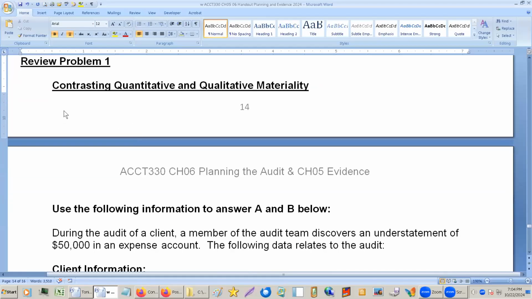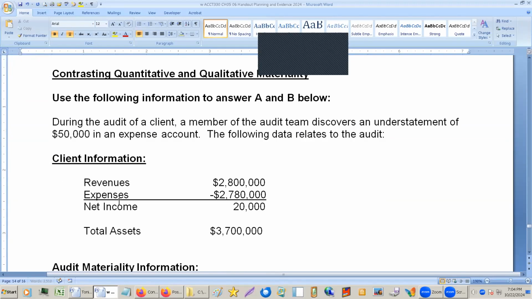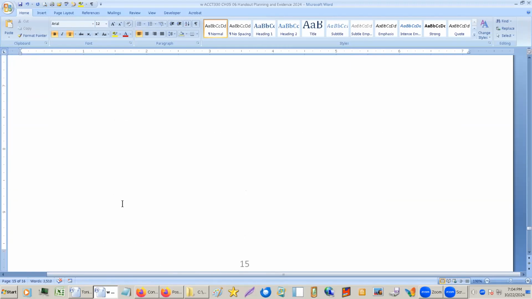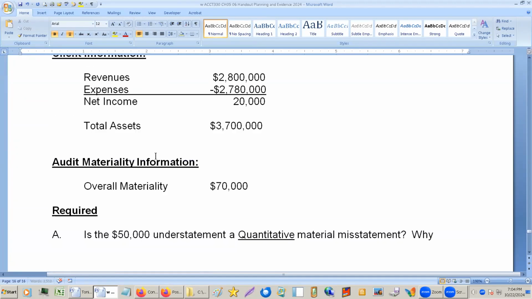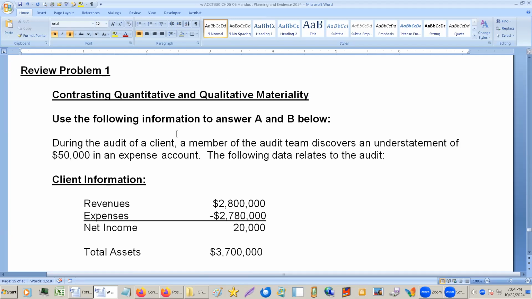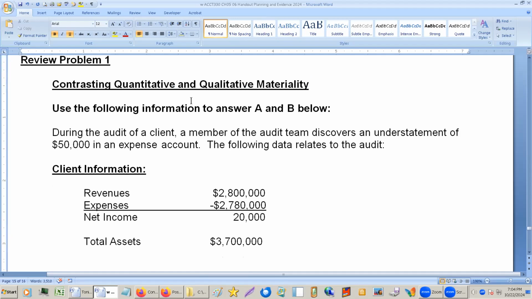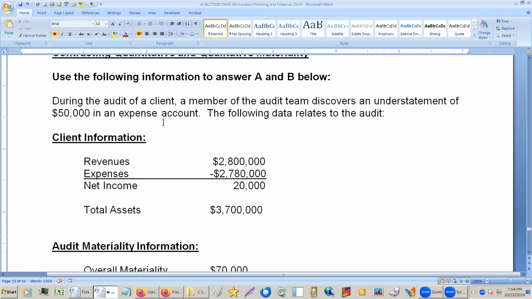Okay. Review problems. So, quantitative and qualitative materiality. During the audit, they figure out that there is a $50,000 understatement in an account.